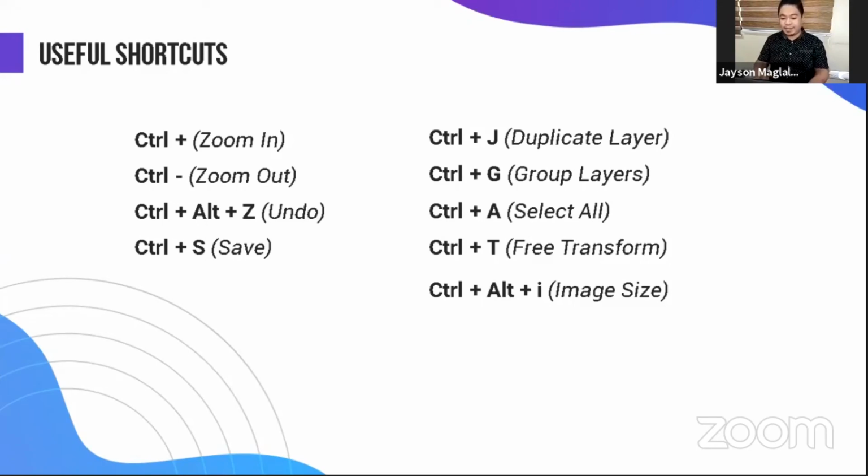We'll be mostly using these actions: zoom in, zoom out, of course undo, save, layer actions, selections, and modifying image sizes. Again, you can take screenshots or take note of these useful shortcuts. All right, I hope you have taken some screenshots or notes of these shortcuts. Let's proceed.